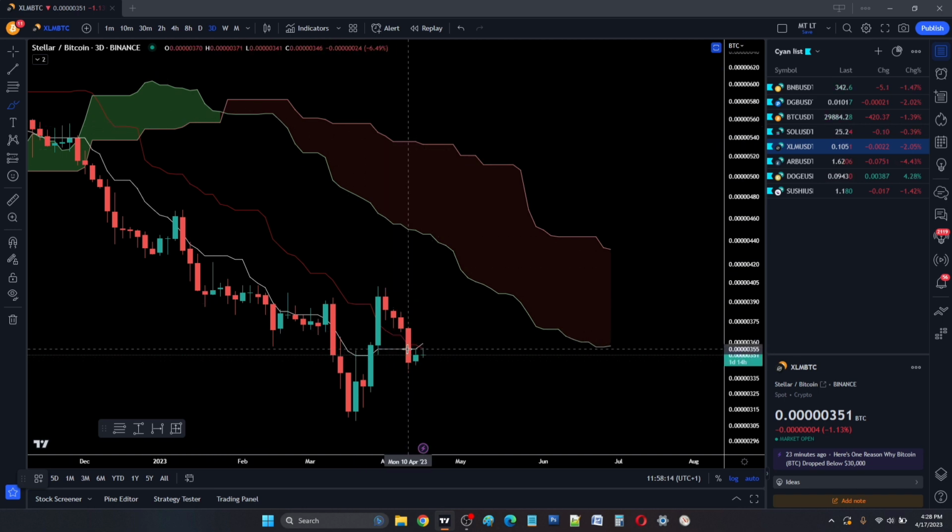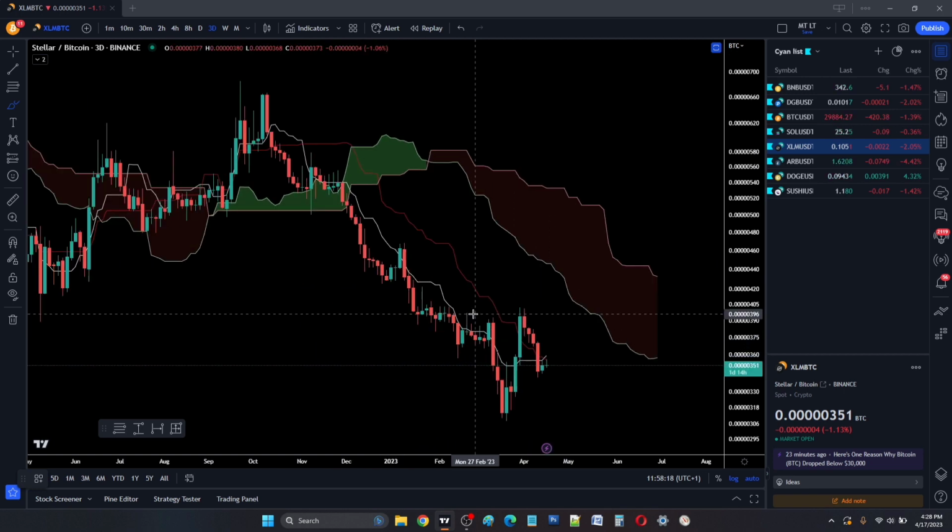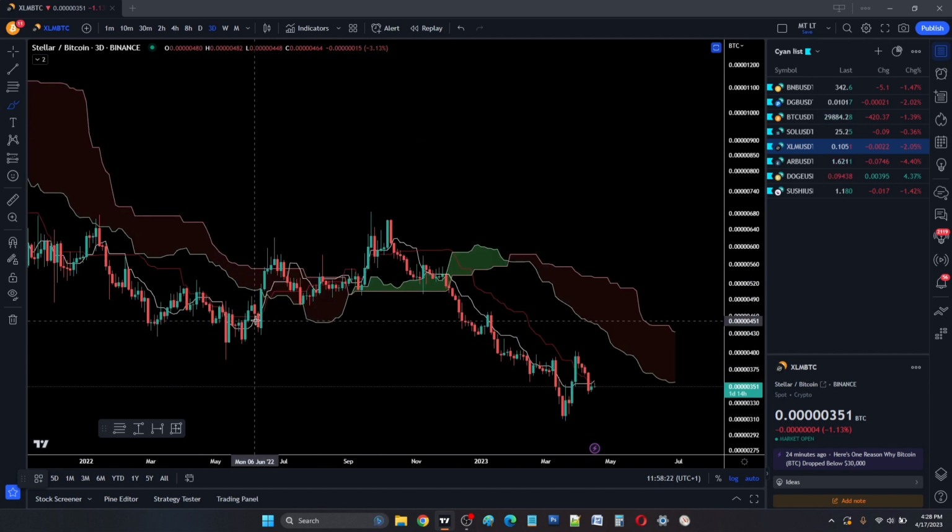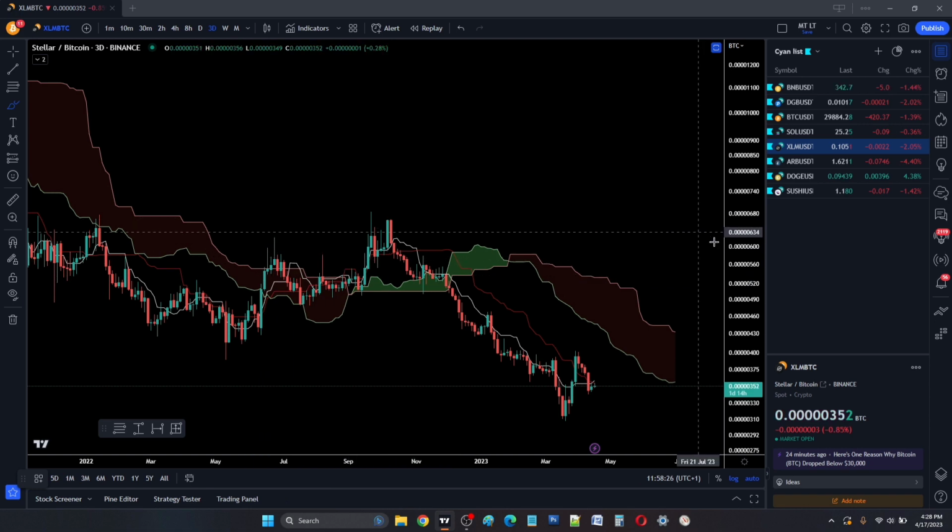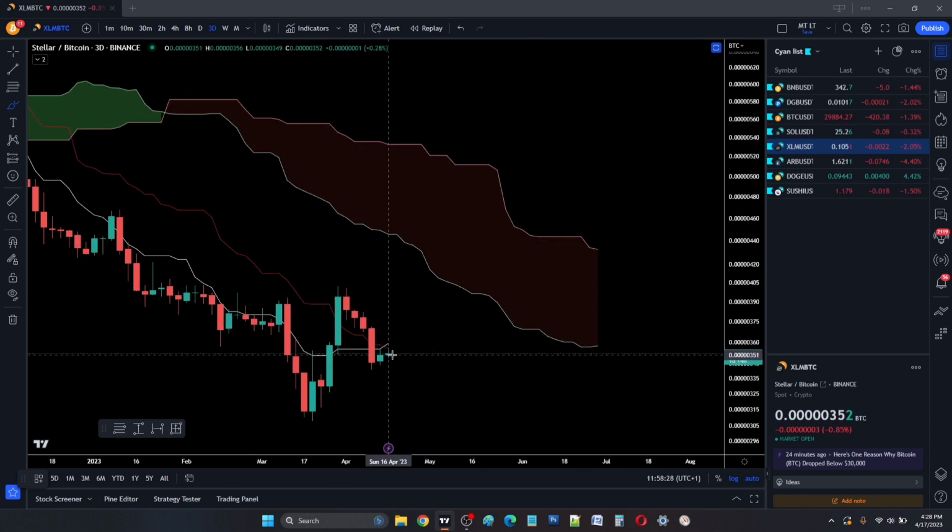The white line going above the red line is usually the bottoming of the BTC pair, so that's very nice. Whenever the white line went above the red line, we had a nice bull market. So it's probably the bottom for Stellar Lumens.